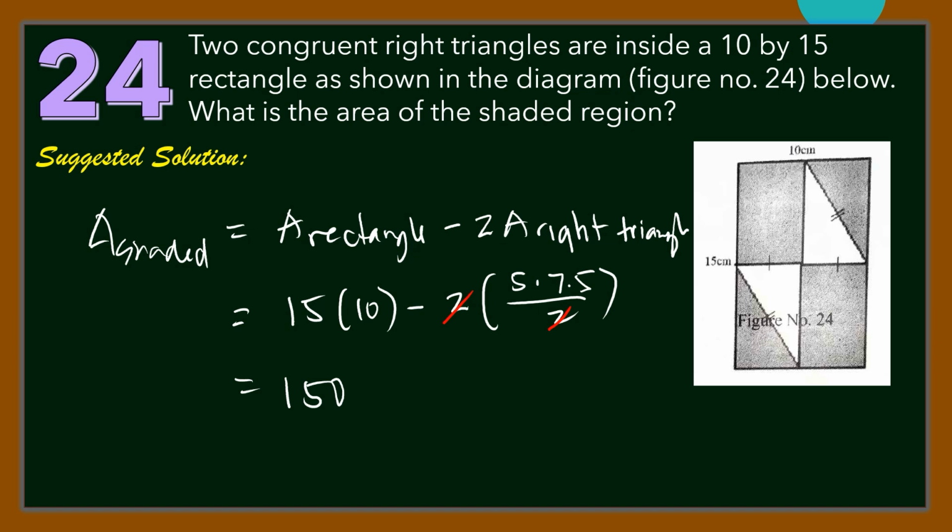And 5 times 7.5 is equal to 37.5 square centimeters. And this is equal to 112.5 square centimeters.